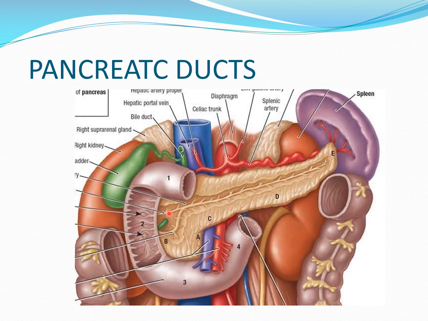It receives many small tributaries which join it at an acute angle to its long axis, showing a herringbone shape. So these are the main pancreatic duct and the accessory pancreatic duct.